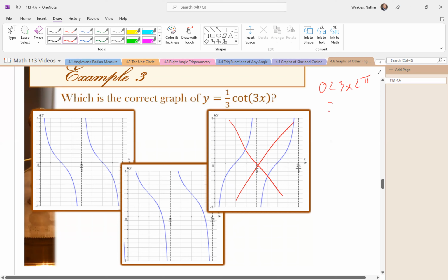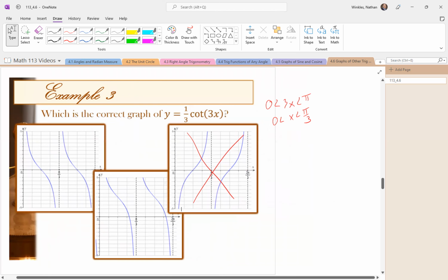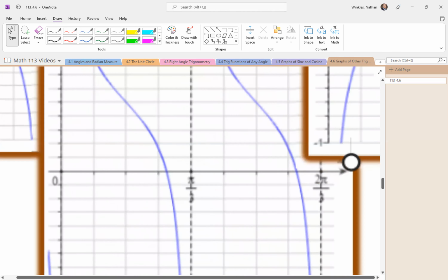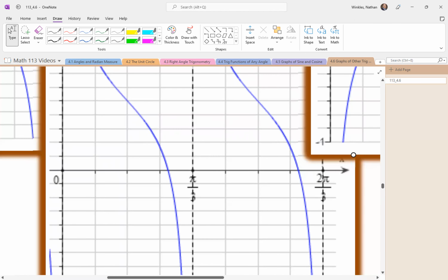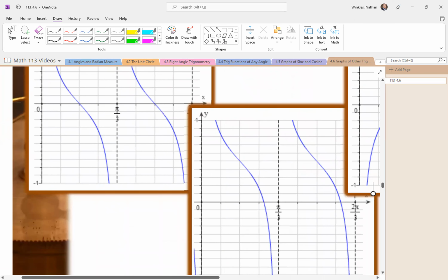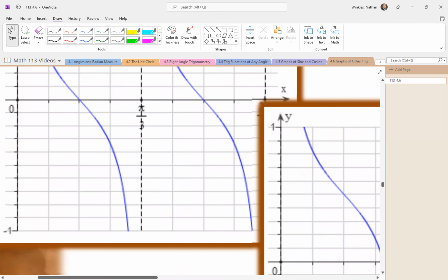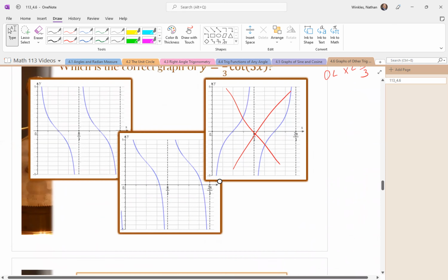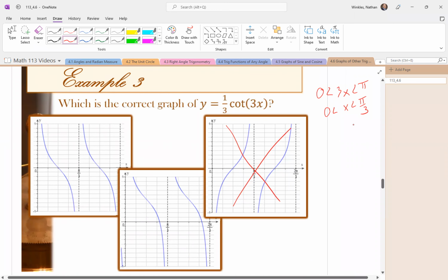Therefore 0 less than x less than pi over 3. We could actually zoom in here. So that is a pi over 3, that is a pi over 3. So our interval is correct.